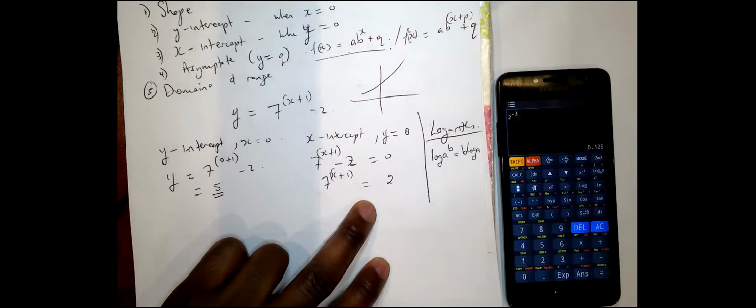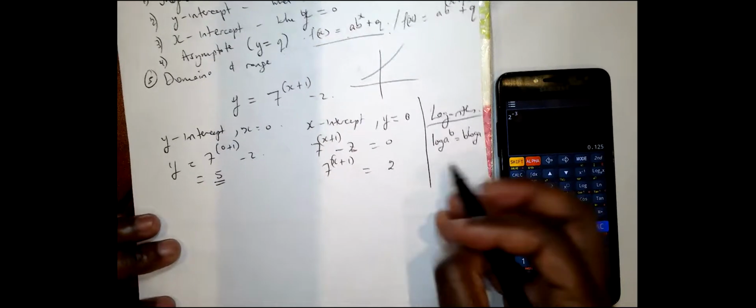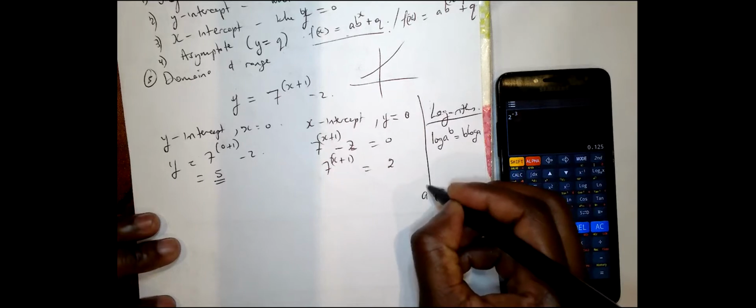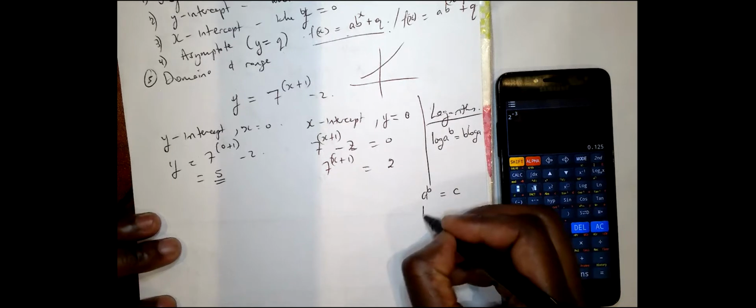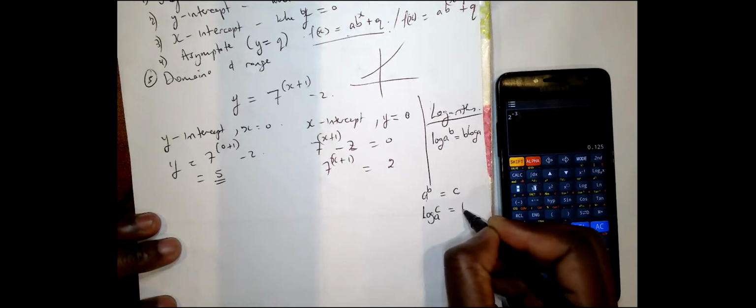That's what you must remember there. And we also have another thing, which is the relationship between logs. If a to the power of b is equal to c, then log base a of c is equal to b.